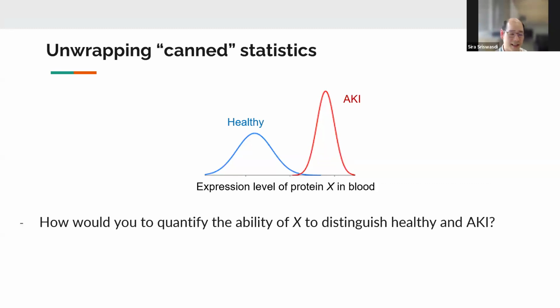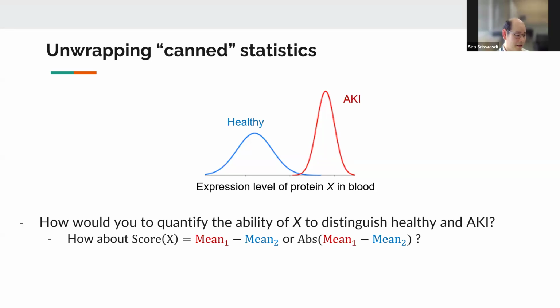Some of you might look at this and say, oh, the distribution looks normal. So the rule says that we can use a t-test, like an independent sample t-test. But if we want to look from another way, if you want to know if protein X is good for distinguishing these two populations or not, we want to come up with some score.